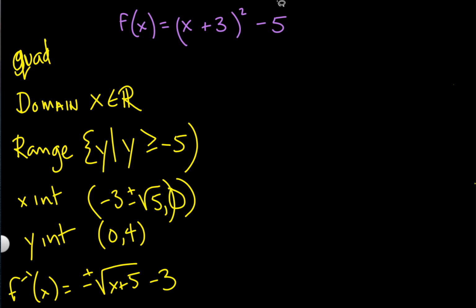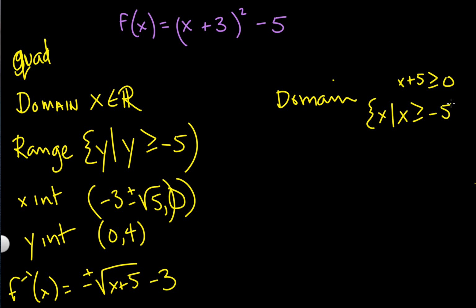So my domain: remember that we have to have something non-negative inside this square root, which tells me that x plus 5 has to be greater than or equal to 0, which makes my domain the set of all x such that x is greater than or equal to negative 5.